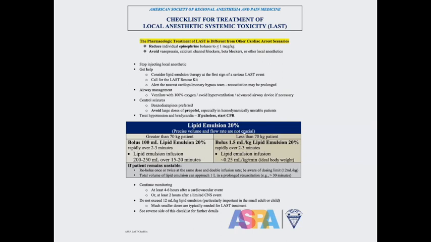The precise volume and flow rate are not crucial. It's just to show us how much we should use. Generally, 12 milliliters per kilo is the maximum dose, and the average volume is around 1 liter, 700 to 800 milliliters for an average person.